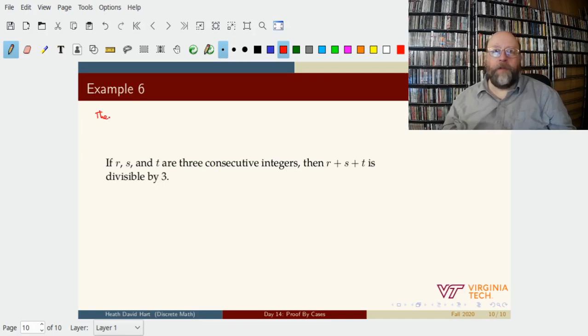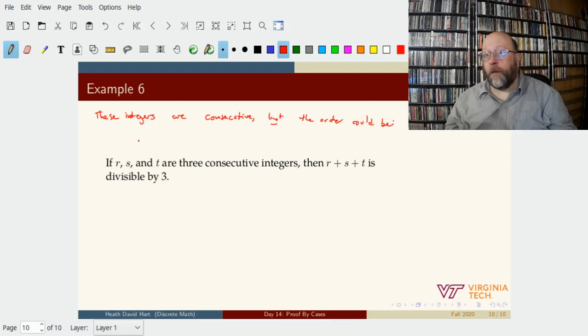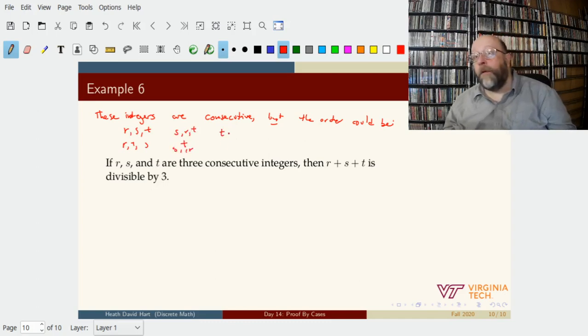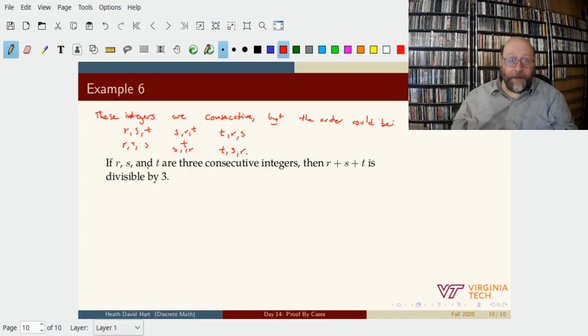So these integers are consecutive, but the order could be RST, but it could be RTS, or SRT, or STR, or TRS, or TSR. It doesn't say in the problem that these integers are given to us in order. We're just told that they're consecutive.